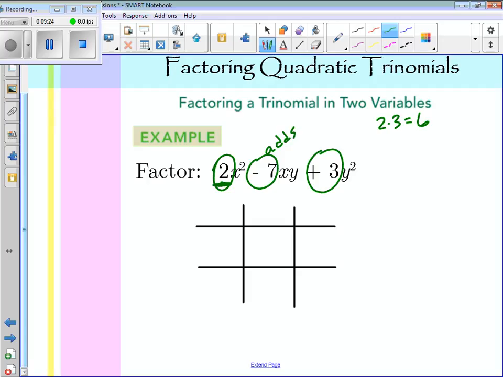If you're having troubles with this, doing this in your head, I will show you a way to do this on a calculator. So don't worry too much. First term goes in the middle. Last term goes on the end. Middle term, we have negative 6, negative 1. So we have xy. So on the negative 6 and negative 1, we're going to put xy, because it has to add up to the middle term total.